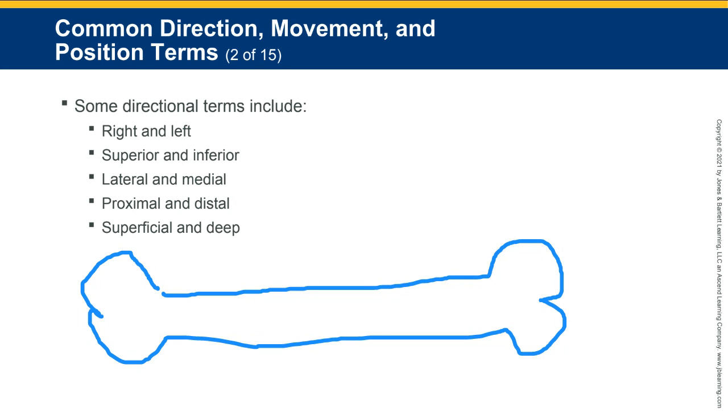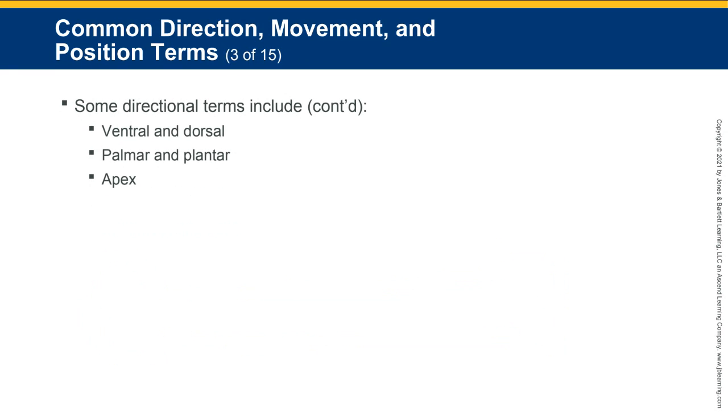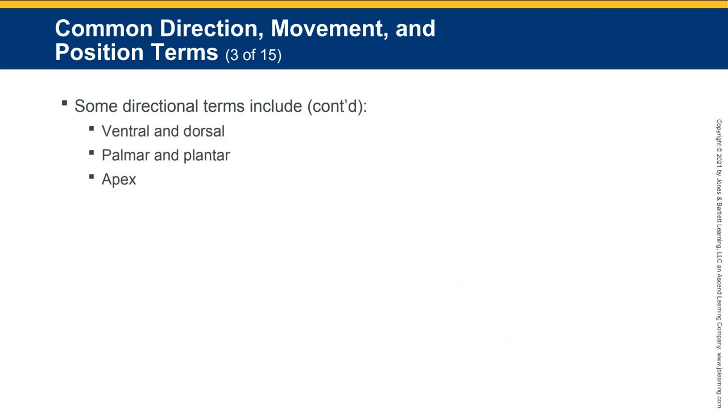Now, superficial means it's closer to the surface of the skin. Deep means it's below the surface of the skin. And remember, when we talk about right and left, it's the patient's right and left, not yours.